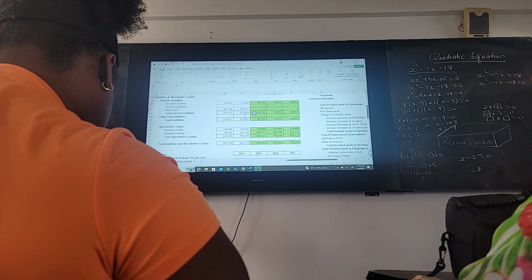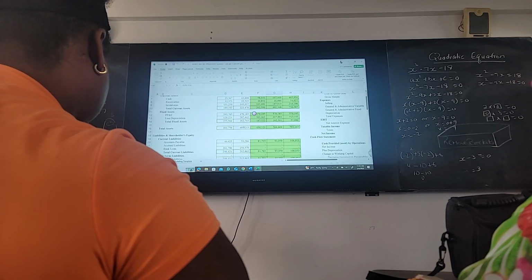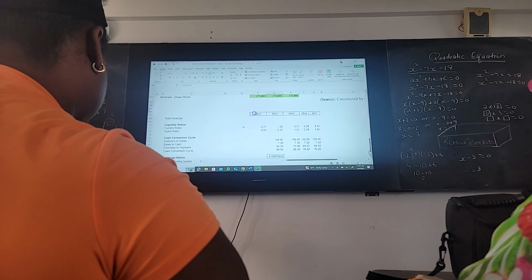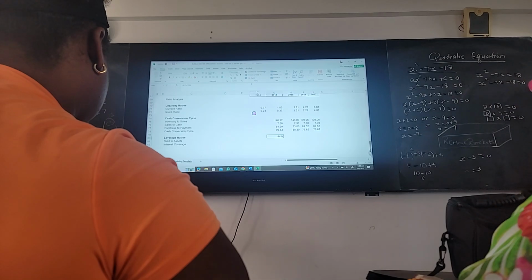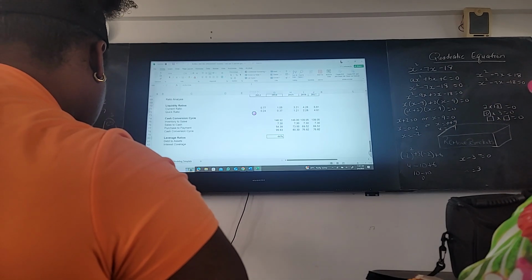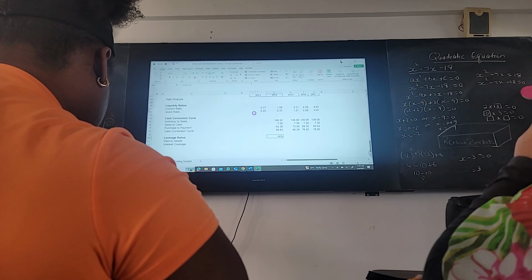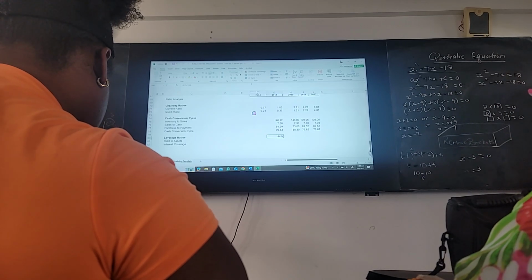There are different ways you could think about it. I'm just going to do the total liabilities divided by your total assets. So in terms of running the business, you have assets that you're using. You spend money for these assets.